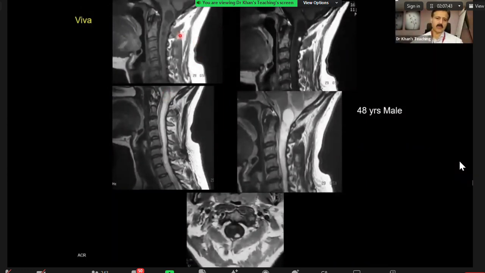So T1 post contrast, T2, and this one is T1 post contrast. Over to you.